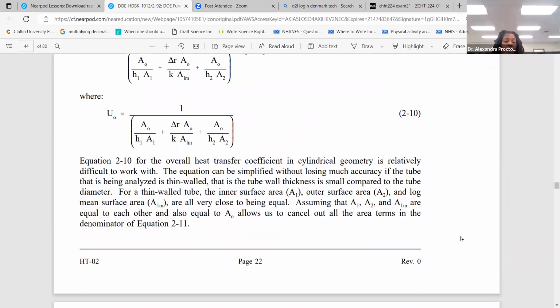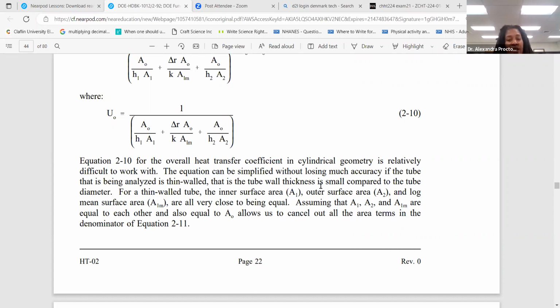Where U is equal to, so this is your final, 1 over (A divided by H1A1 plus delta R A divided by K A sub LM plus A divided by H2A2).